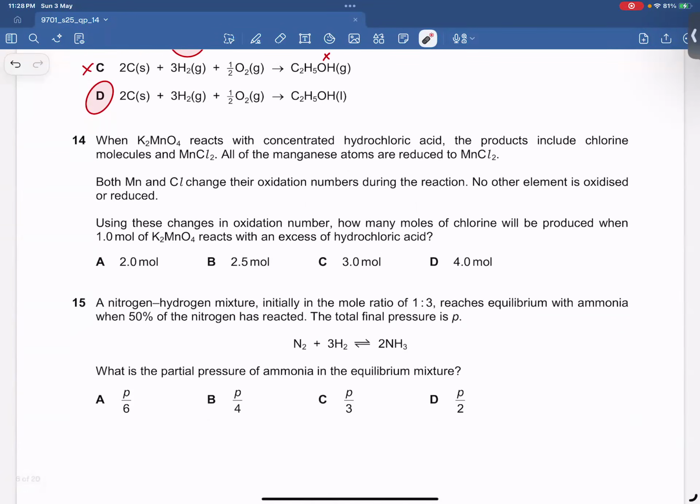Next, when potassium manganate(VI) reacts with concentrated hydrochloric acid. So let me write the equation.